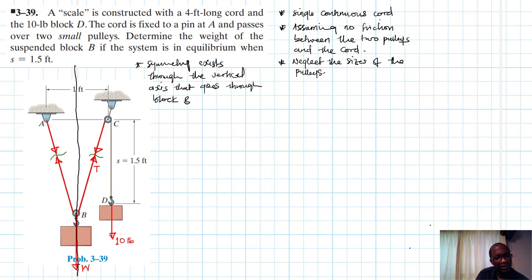See that? Okay, we have symmetry, and because of that, we expect these values T to be the same.